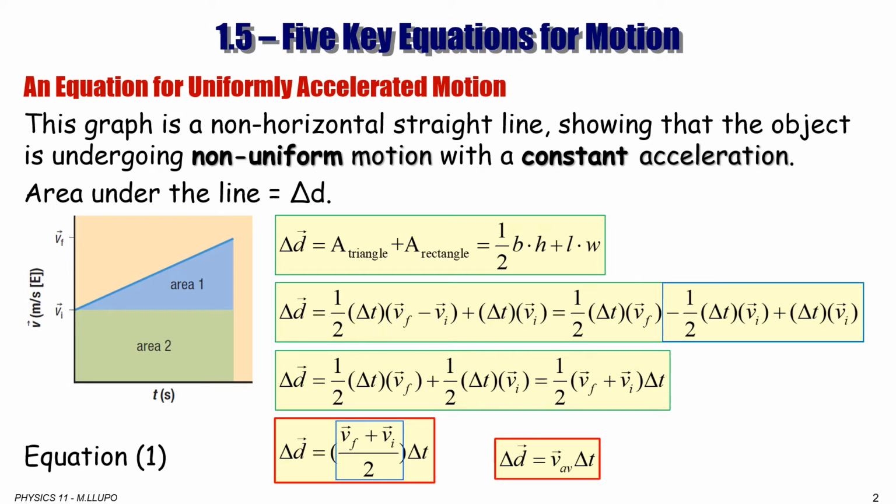So if we want to solve for V average, that is equal to delta D over delta t. Those three equations in red are often used when acceleration is not known. So if we know V final, V initial and time, but we do not know acceleration, we still can calculate displacement.